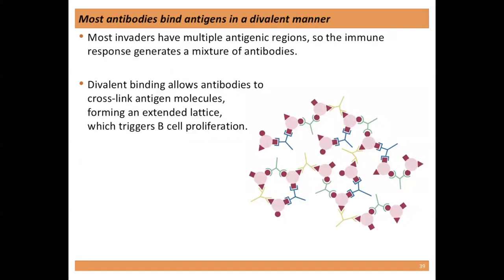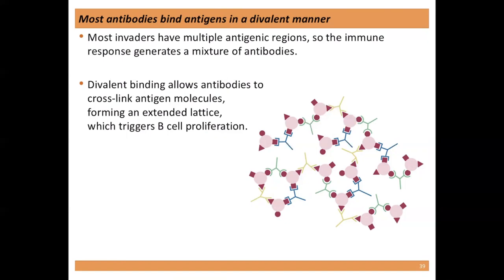So most of the antibodies will bind in a divalent manner because you've got these two regions out here, and so you can actually bind the antigen twice. What this does is allow the antibodies to cross-link the antigen molecules. You can see here that you can start to form an extended network of these molecules.